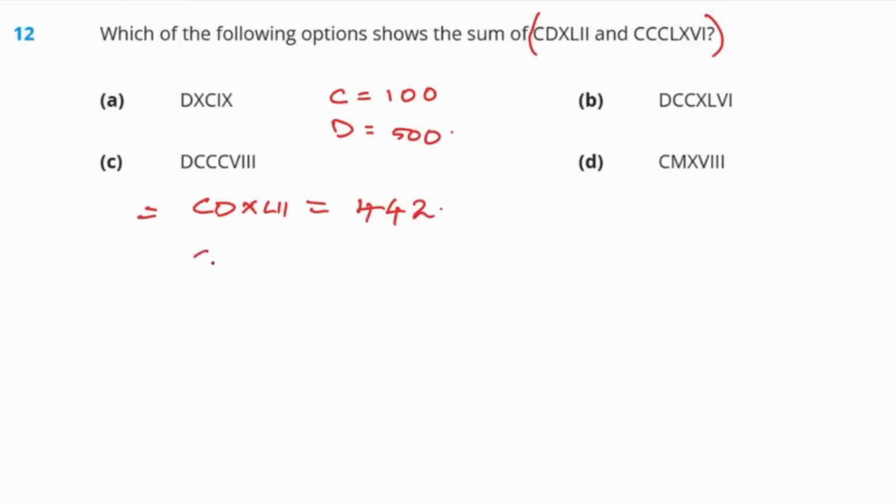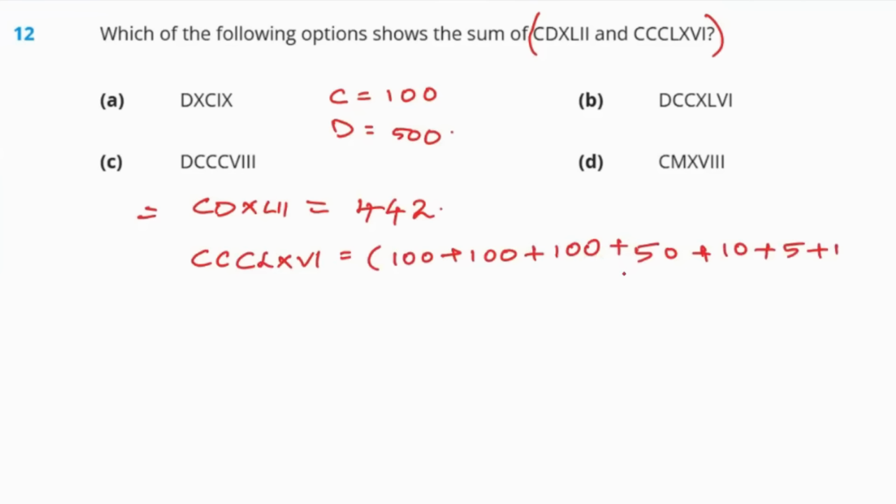And CCCLXVI: CCC is 300, that is 100 plus 100 plus 100, plus L is 50, plus X is 10, plus V is 5, plus 1. So that is equal to 366.